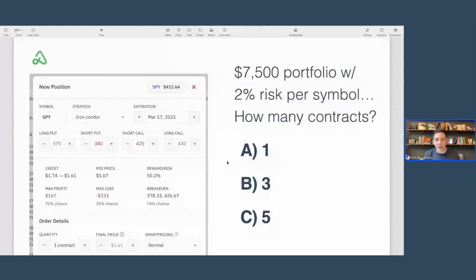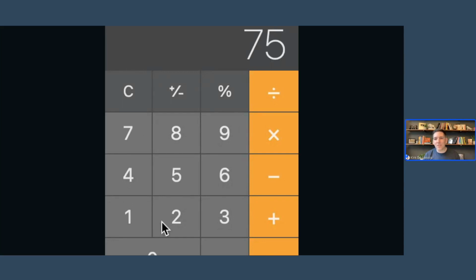Okay, you ready? Here's the math on this. I have a $7,500 portfolio. You multiply that by the risk per symbol that we wanted to target, which in this case was 2%. So you do 2%, and then you do equals. That means that one symbol, SPY, can have no more than $150 of maximum risk.